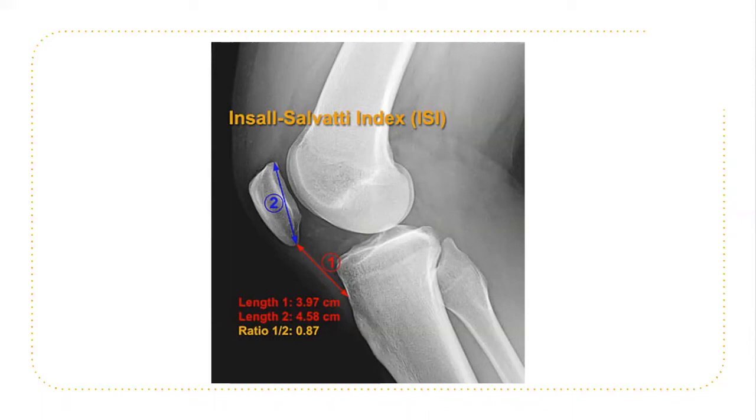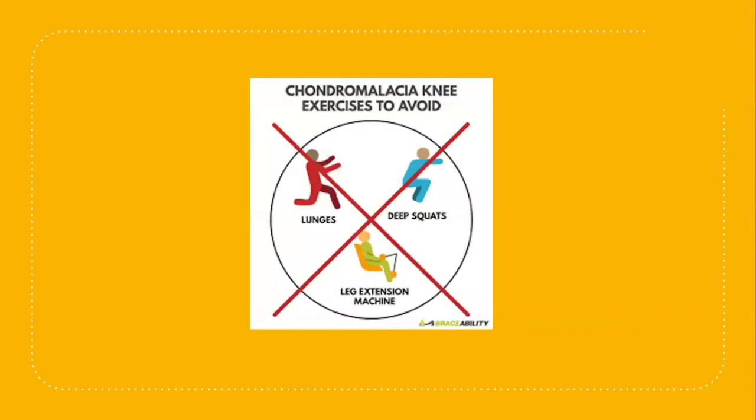If there is patella alta, then the age group of onset of pain in chondromalacia patella is between 15 to 20. In female patients between 15 to 20 who come with chondromalacia patella, you can check the Insall-Salvati index, which may be above 1.2, causing patella alta, and this is the reason for chondromalacia patella in young females.